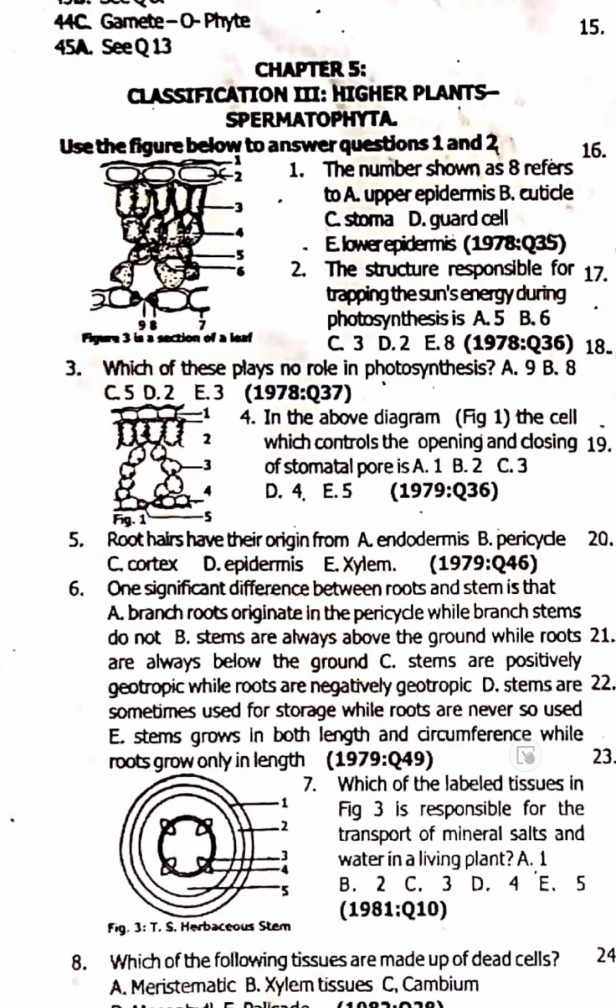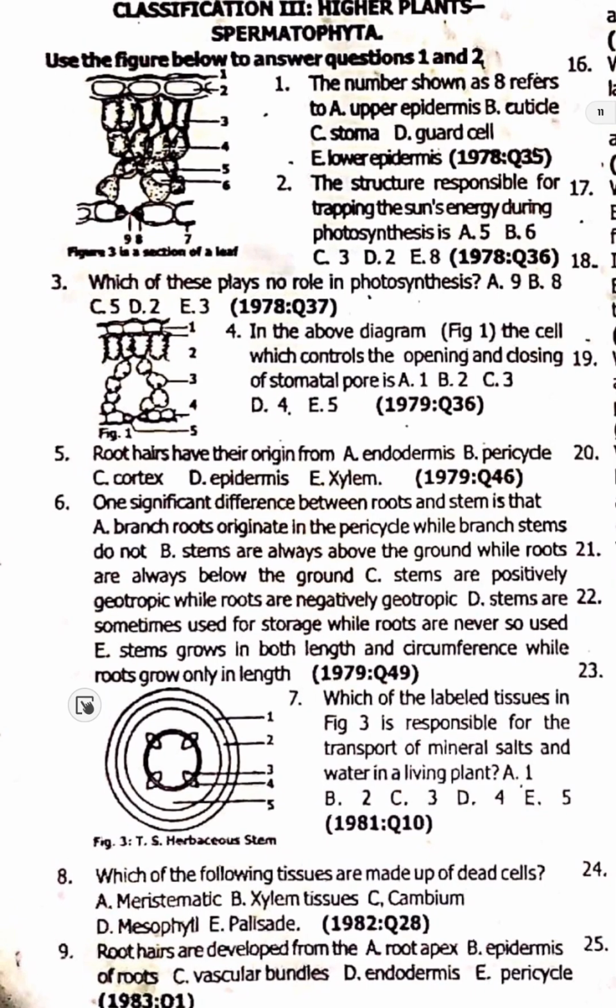Also, endodermis is the innermost layer of the cortex. Endodermis is also called the starch sheath because it contains starch. Number 6: one significant difference between root and stem is that these are root and stem tubers.